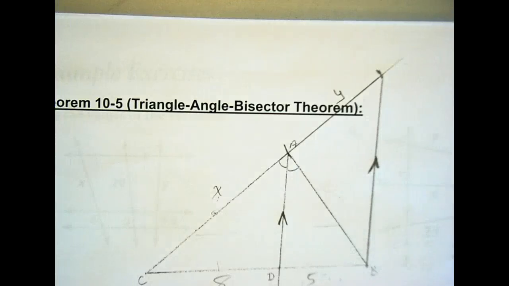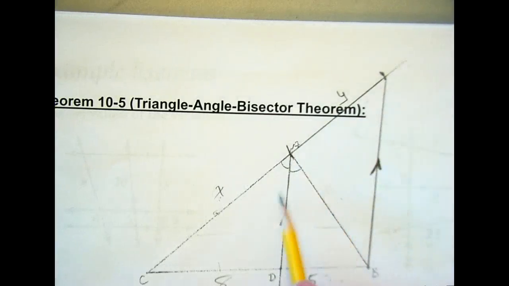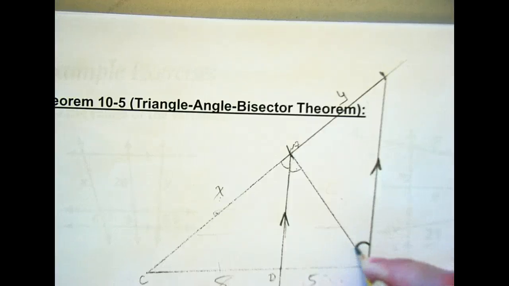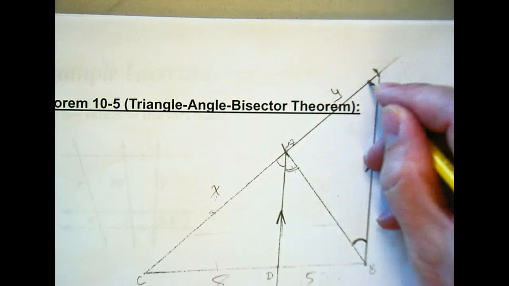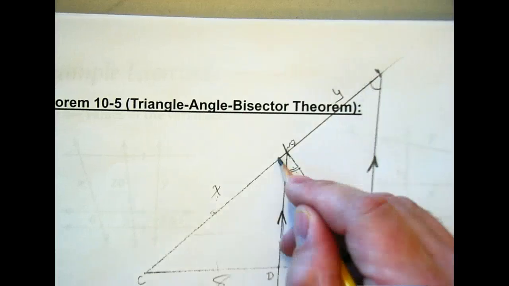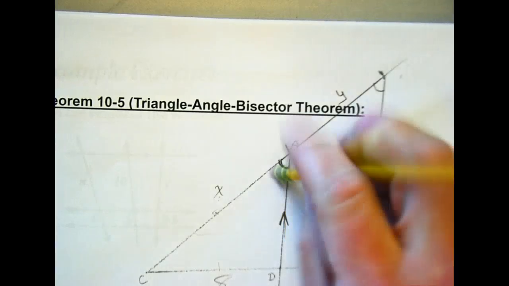Well, here's the deal, and it goes this fast. This side right here is parallel to this one. So therefore, this angle right here is congruent to this one. How do we know that? Alternate interior. Good job. And this angle is congruent to this one. How do we know that? Corresponding. And these two were given that they were congruent.